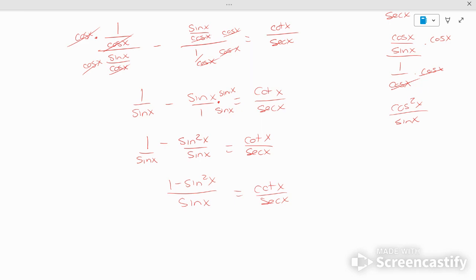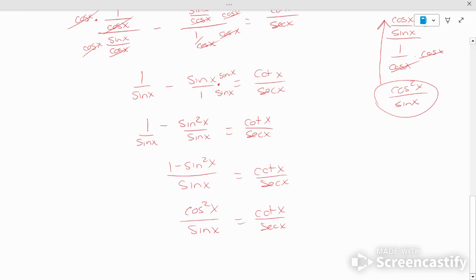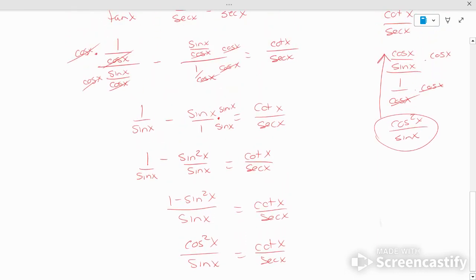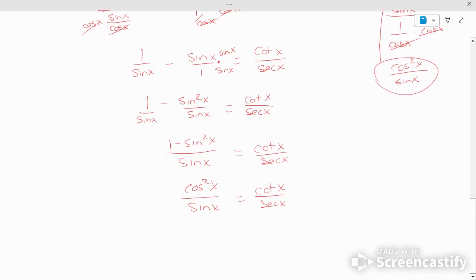What's 1 minus sine squared the same as? Cosine squared of x. Which is what this is, right? Now I just have to move up this direction. So what am I going to do to move up that direction?